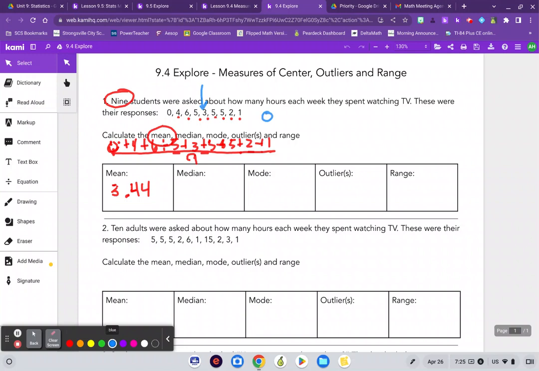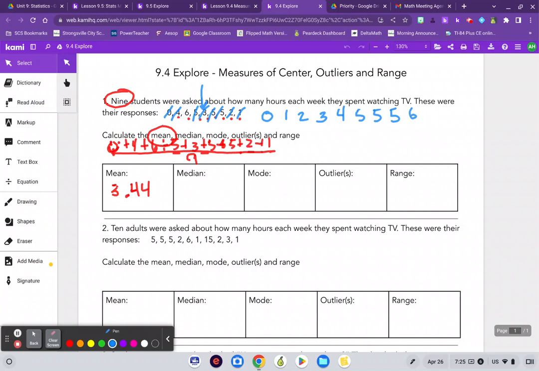So it looks like the smallest number is 0. I like to cross them off as I write them down. 1. I have a 2. I have a 3. I have a 4. Looks like I have 3 5s. And then I have a 6.